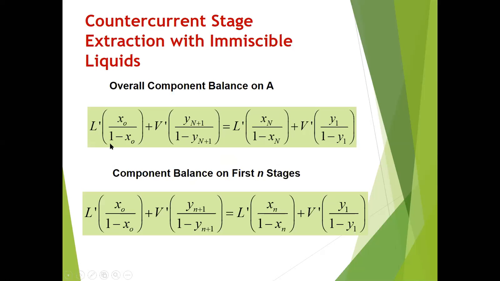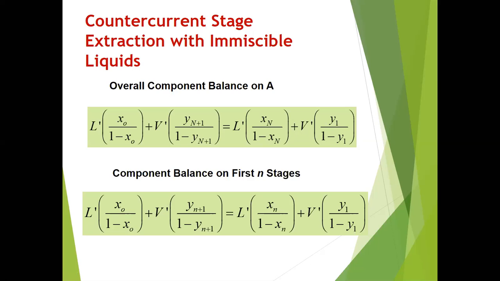Now, I'm sure you still recall this equation from gas absorption, wherein you are making an overall component balance on A using inert streams, the L prime and the V prime. This is in the case wherein the problem is asking for the minimum solvent requirement.